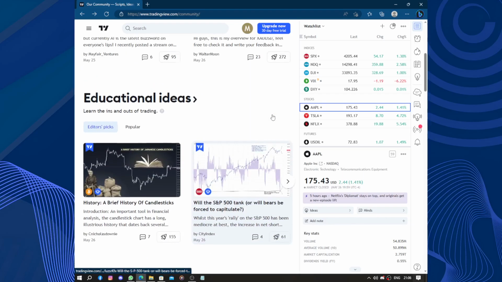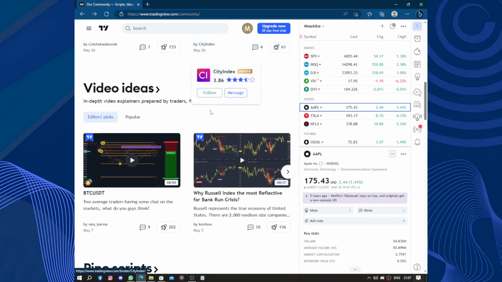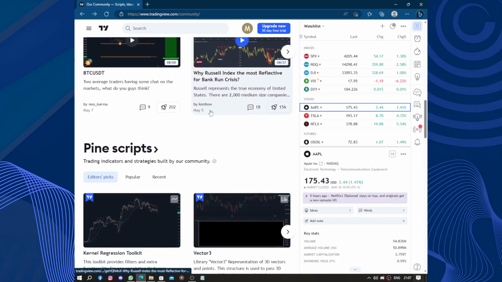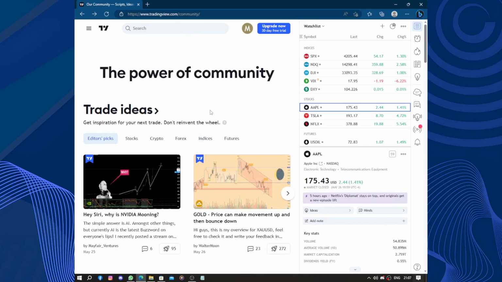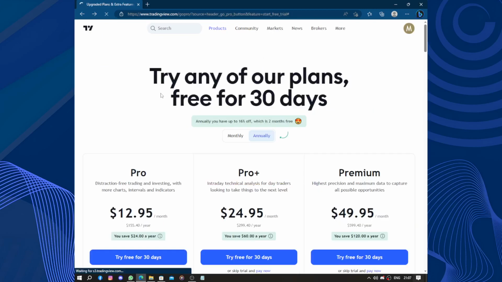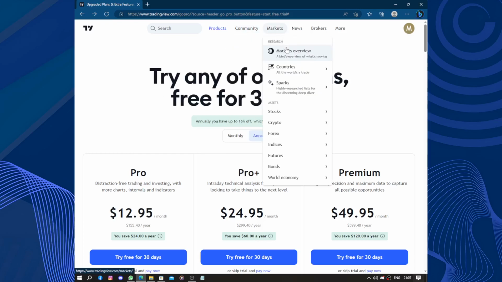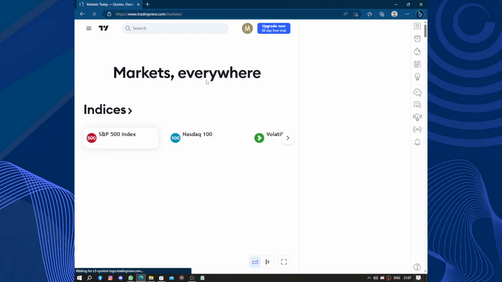Users can share ideas, strategies, and analysis through the social features on the platform. This fosters a collaborative environment where traders can learn from one another and gain insights from different perspectives. Additionally, TradingView allows users to follow and interact with their favorite traders, creating a sense of community and enhancing the learning experience. So here we have the market overview.